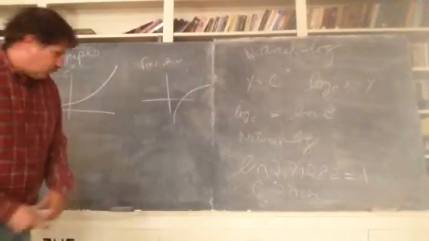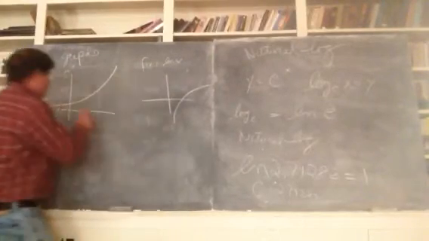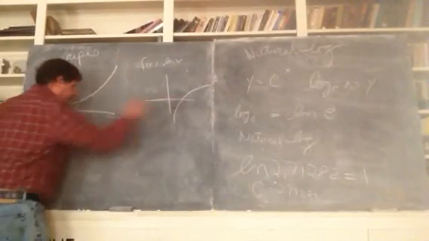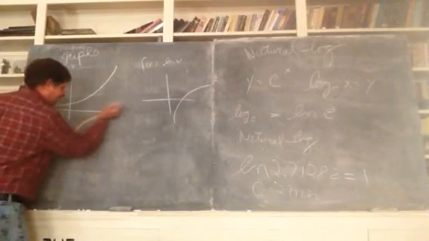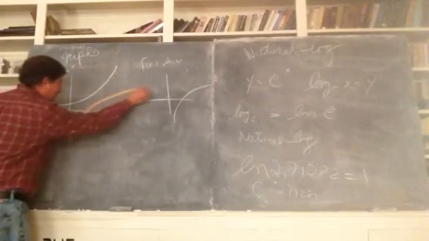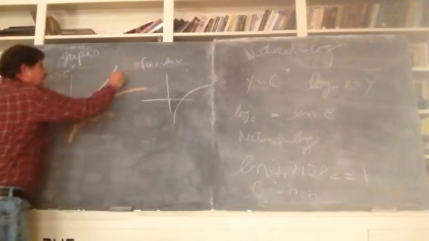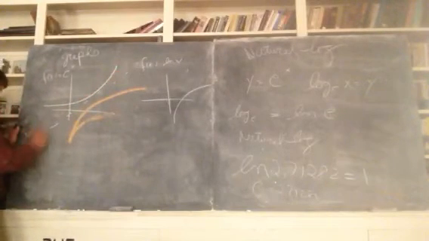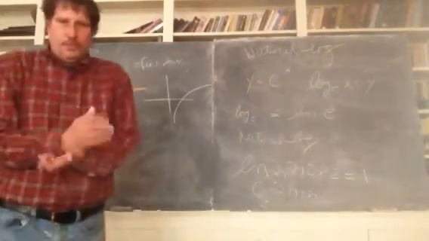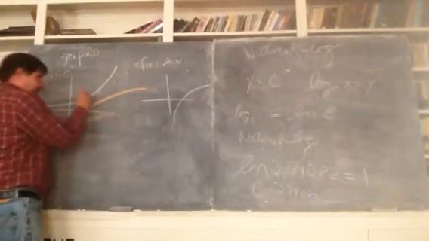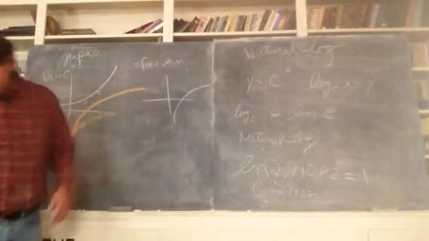They're inverses of one another. If I put this graph over here, it would look like so, and there happens to be a line y equals x, because we just switched the variables. The two functions are inverses because we just switched the variables. So this is an exponential function, that's a log function.